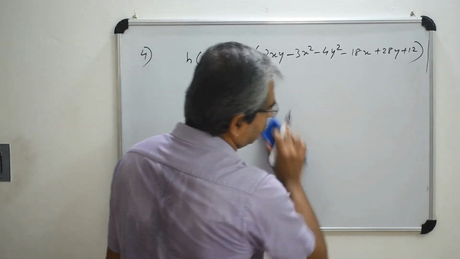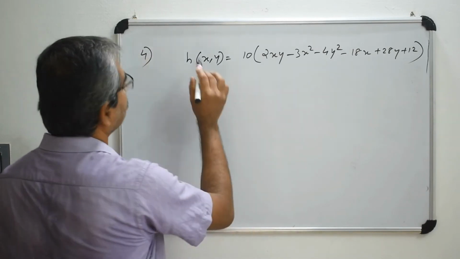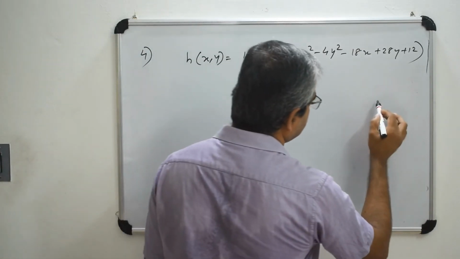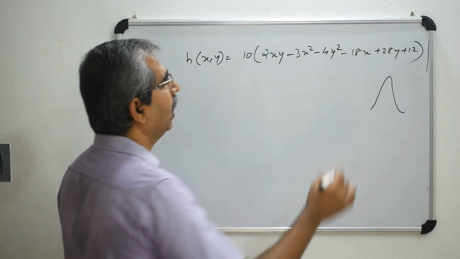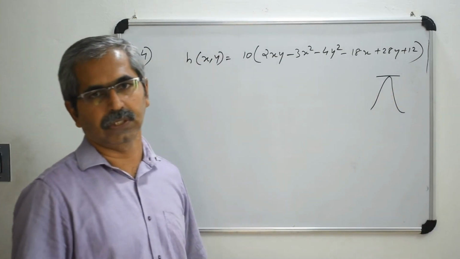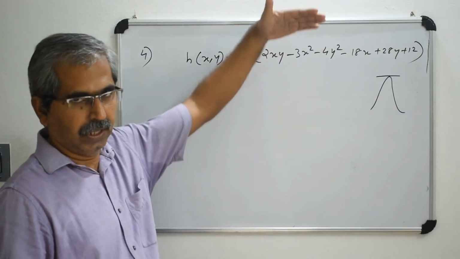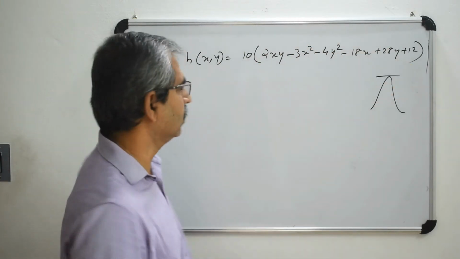Now to the first part, that is where is the top of the hill, and how high is the hill? So you know that suppose this is the hill, and then at the top you know that the slope is equal to 0, isn't it? At the maximum height, the slope will be equal to 0.